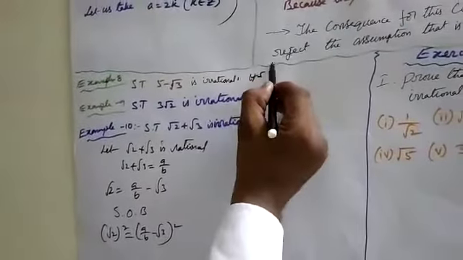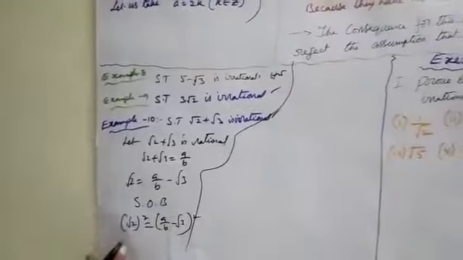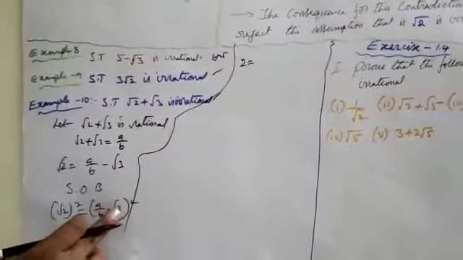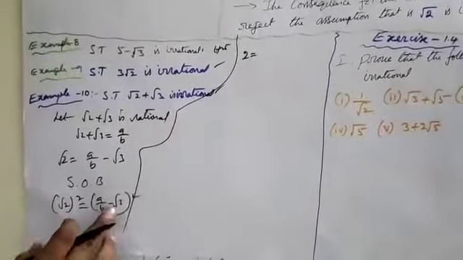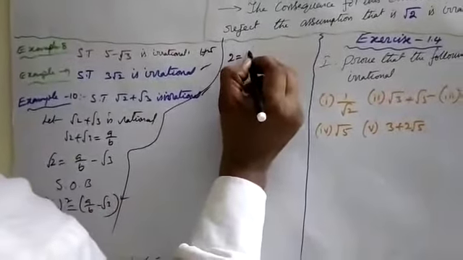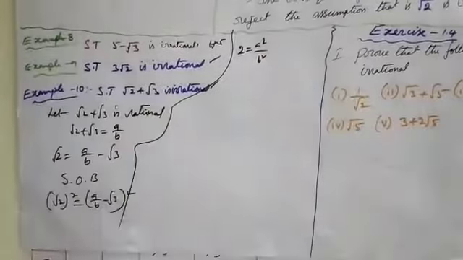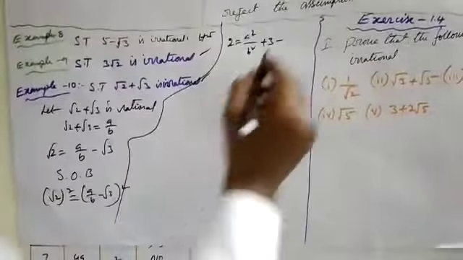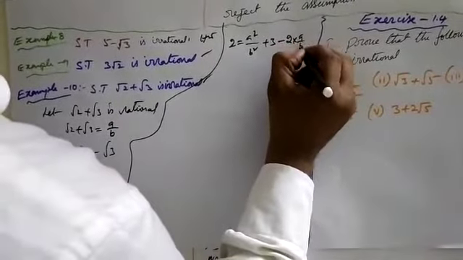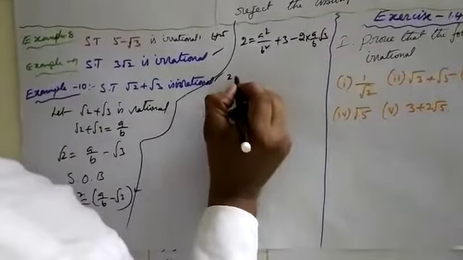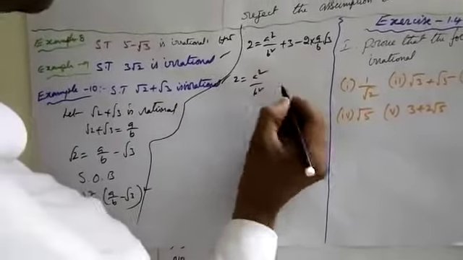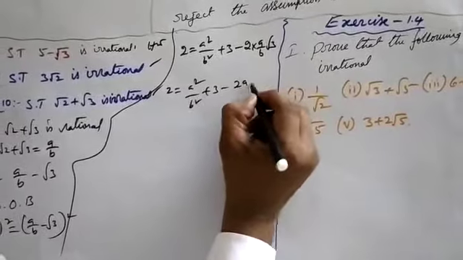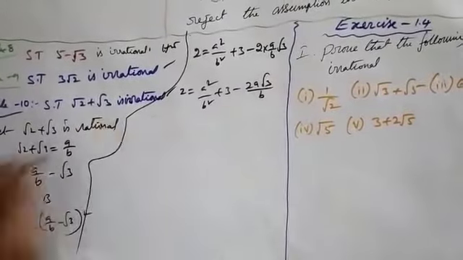So 2 is equal to a square plus b square minus 2ab, that is 2 into a into b. Therefore, 2 is equal to a square by b square plus 3 minus 2a root 3 by b.